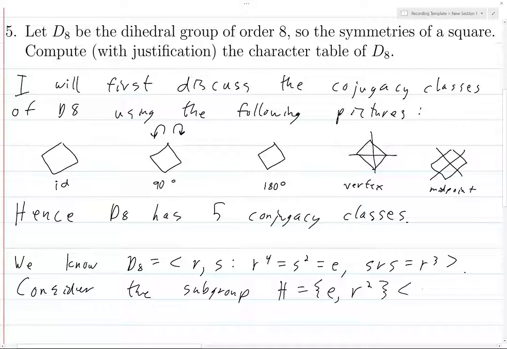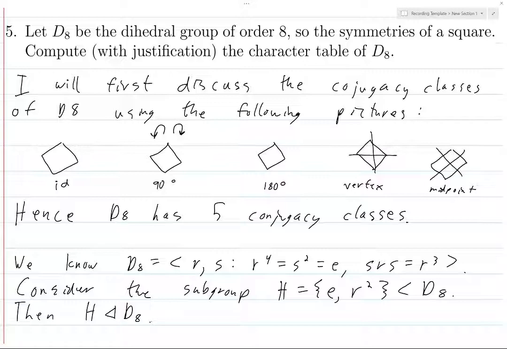This is obviously a subgroup of D8 because, if you take R squared and multiply it by itself, you get R to the 4th, which is just E. And then H is normal in D8. Why is that true? Well, this group's small enough that you can actually conjugate it by everything in D8.